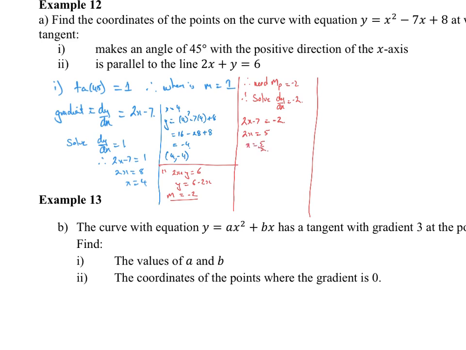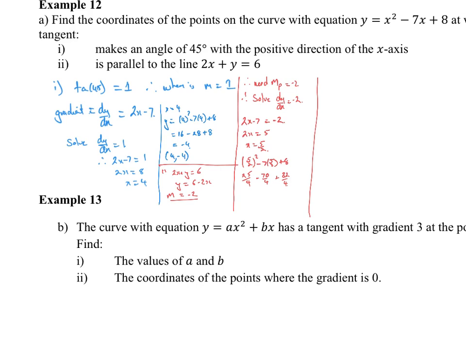So the y coordinate there: 5 on 2 squared minus 7 times 5 on 2 plus 8. So we'll get 25 on 4 minus 35 on 2. I'm going to put minus 70 on 4 plus 8, which is 32 on 4.